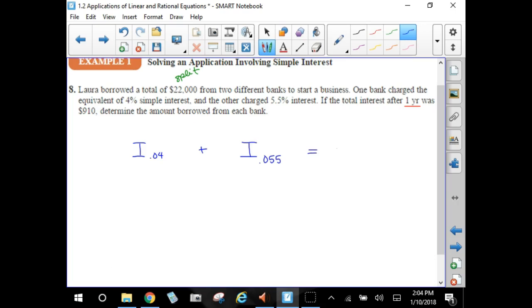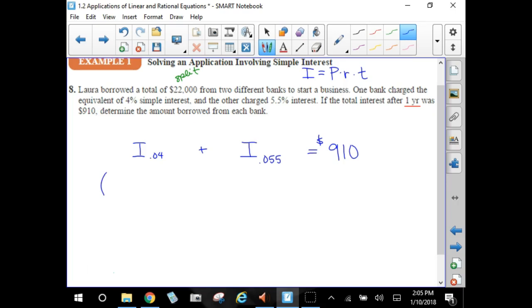That interest added up to be $910 that she owed after 1 year. Recall our formula for simple interest is amount invested times the interest rate times the time in years. So we're going to be substituting that in for each of these interest expressions.